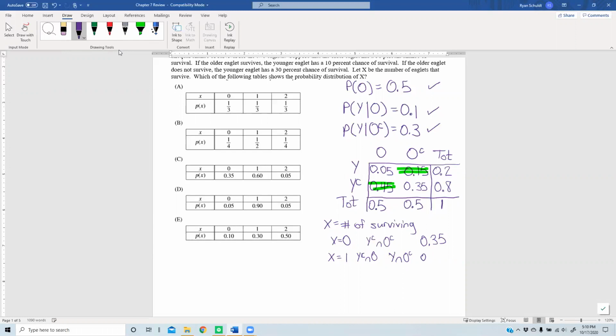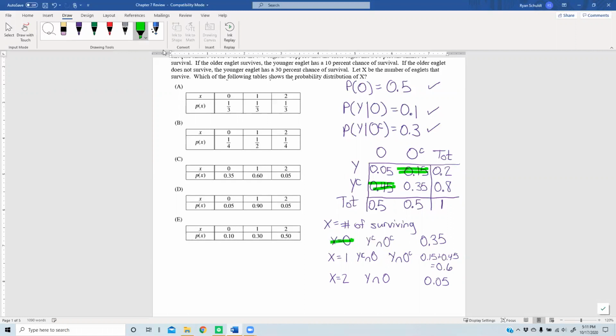So I'd have to do 0.15 plus 0.45, which gives me 0.6. And then the probability that they both survive is where young and old survive, which is 0.05. So now I need to look at my answer choices.